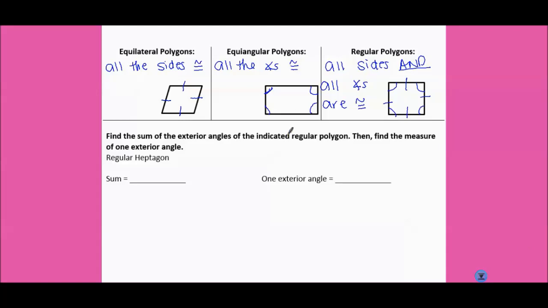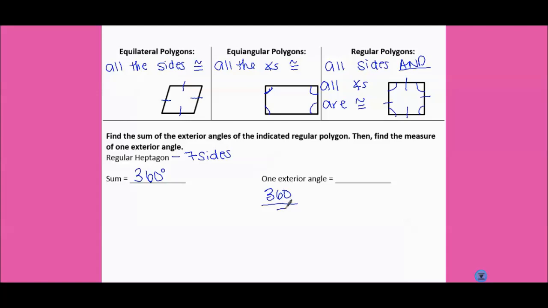So let's say we have a regular polygon. What is the sum of the exterior angles? Well, we just said the sum of the exterior angles for every single polygon is 360 degrees, always. Well, what would be the measure of one exterior angle? We know we have 360 total, divided by the fact that a heptagon is 7 sides.